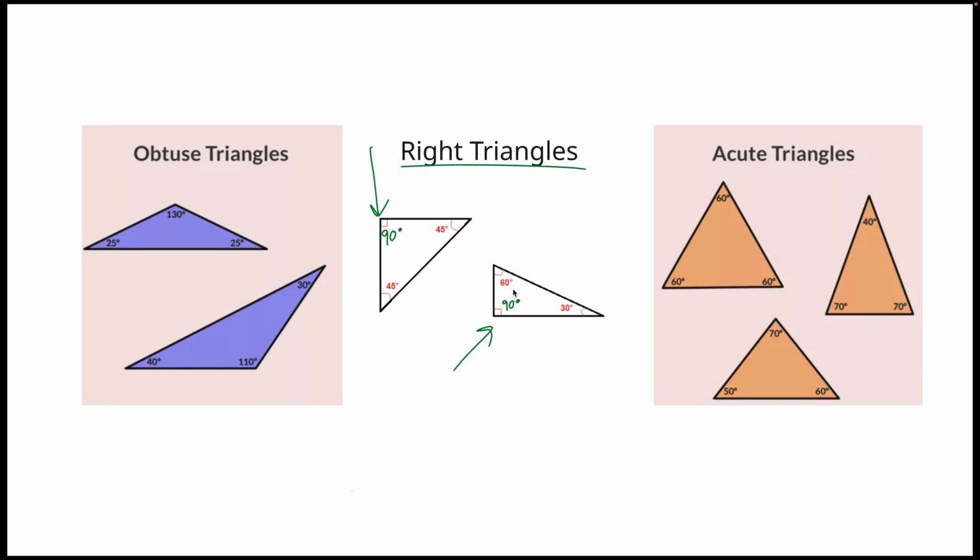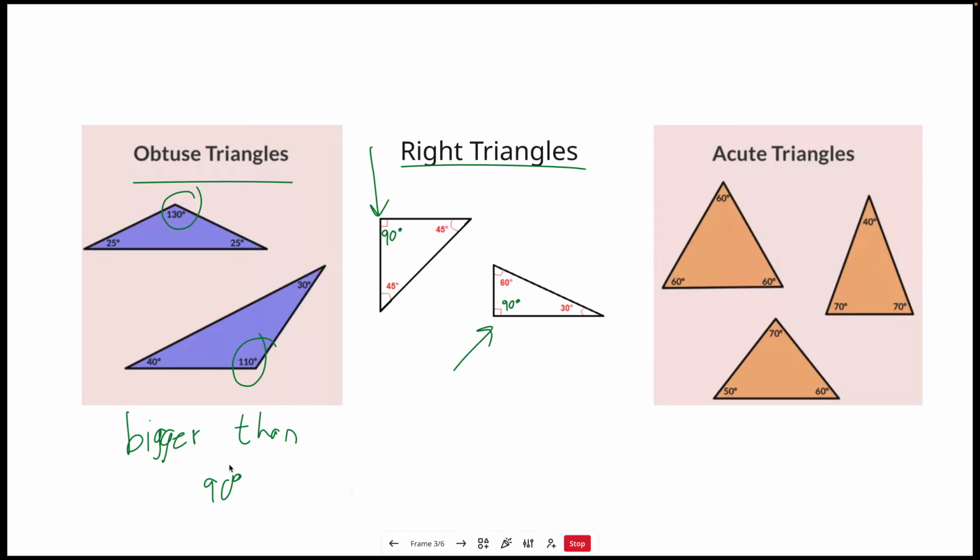Now, for obtuse and acute, let's start with obtuse, okay? Obtuse triangles always have one big angle, okay? So you can see 110 and 130. And what I mean by a big angle is they have one angle that is bigger than 90 degrees, okay?